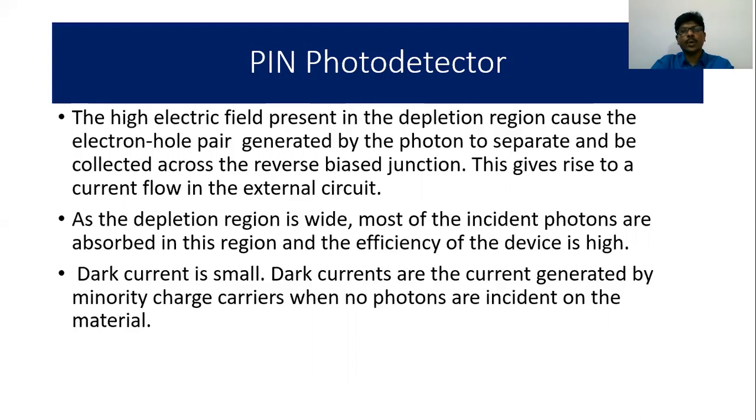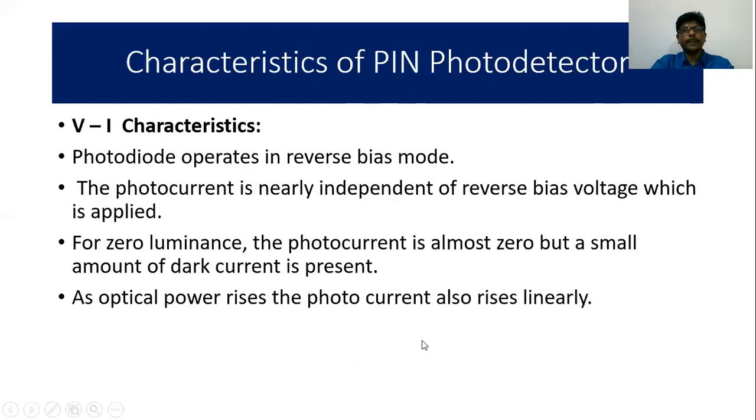This gives rise to a current flow in the external circuit. As the depletion region is wide, most of the incident photons are absorbed in this region and the efficiency of the device is high. Dark current is small. What is dark current? Dark currents are the current generated by minority charge carriers when no photons are incident on the material.